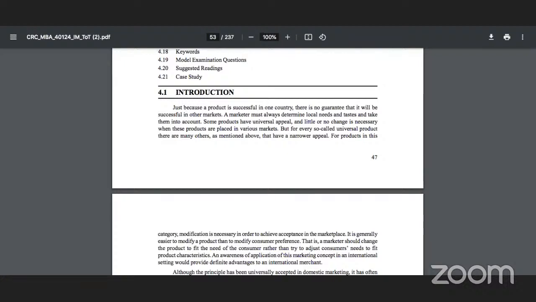product pricing, the first thing we need to understand is that a product can be successful in one country. It could be the domestic or host country. However, it's not necessary that the same product in the same format with the same pricing and other features will be equally successful in other markets. A marketer must always determine the local needs.